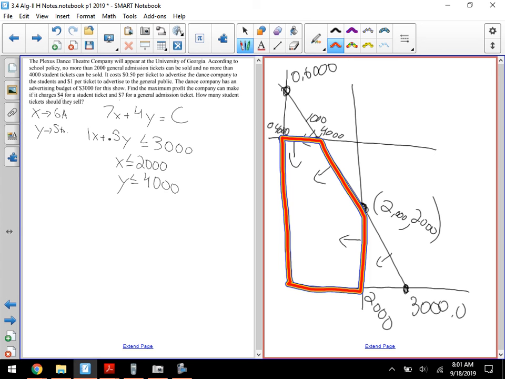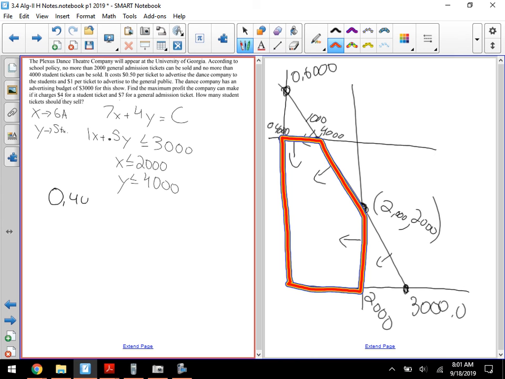We have test values then. 0, 4,000; 1,000, 4,000; 2,000, 2,000; and 2,000, 0.